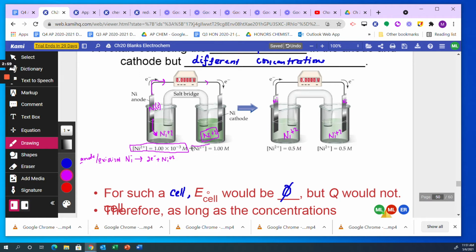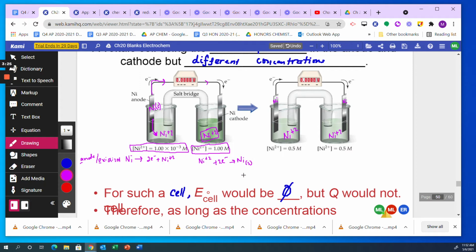So they made this a lot higher in concentration. This is 1 molar, while this is 0.001. So that is 1,000 times more nickel plus 2 to accept the electrons.